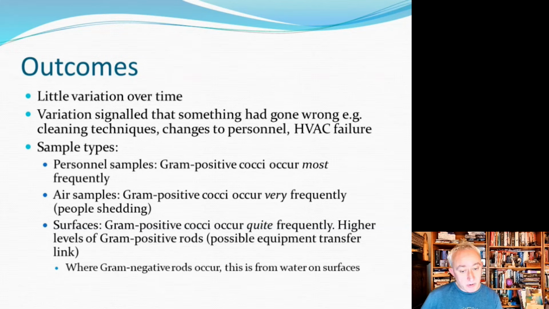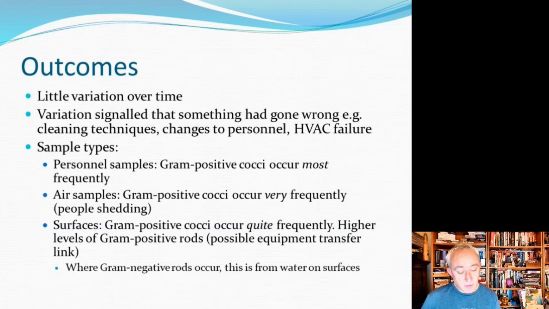Another interesting factor is the types of samples. Personnel samples, such as exit suit plates, finger dabs, and so on, are predominantly, overwhelmingly gram-positive cocci. Air samples, again, are mostly gram-positive cocci, particularly active air samples that are going to be picking up people shedding.